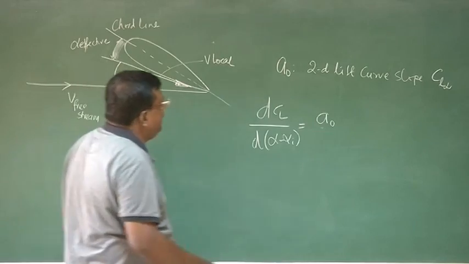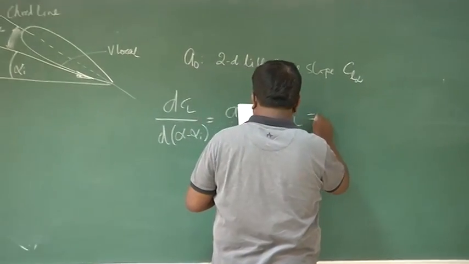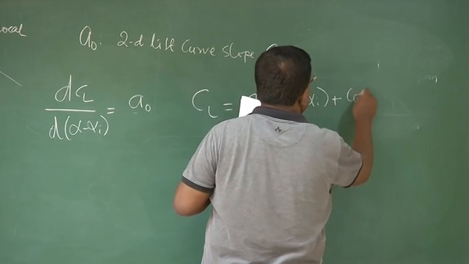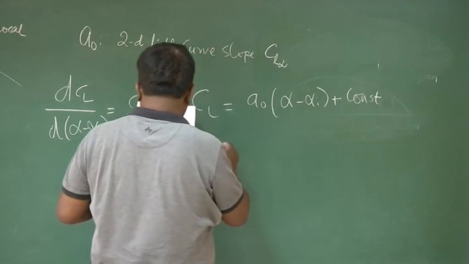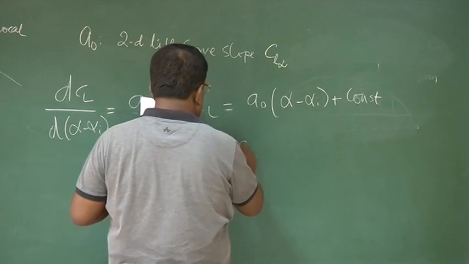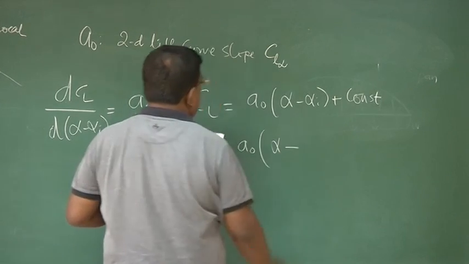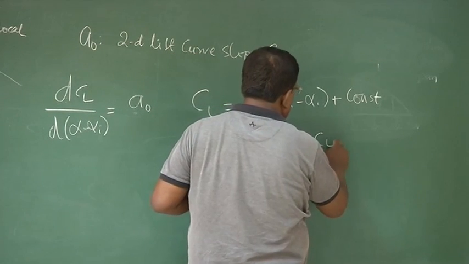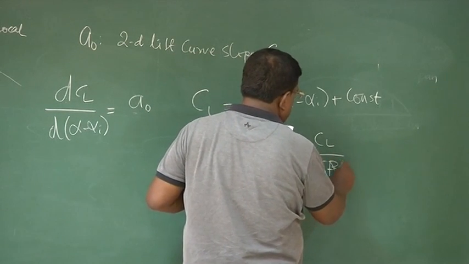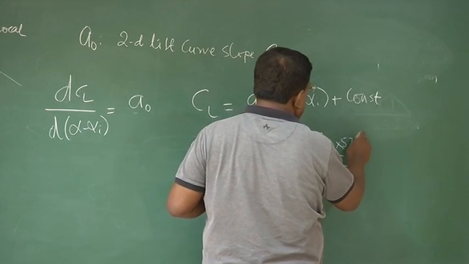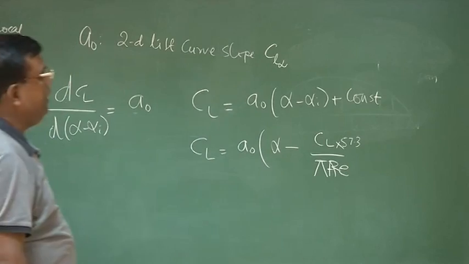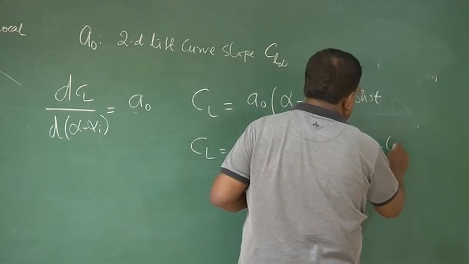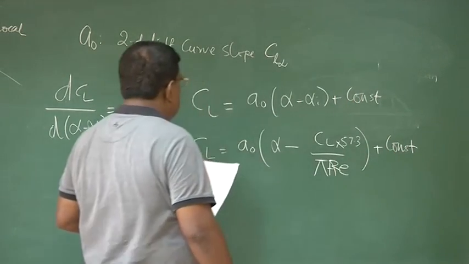If that is A naught, then I can write CL equal to A naught times alpha minus alpha I, plus a constant. Okay. So CL I can write as A naught times alpha, and for alpha I I put the expression which I have written earlier, which is CL by pi aspect ratio E, multiplied by 57.3 to convert this value from radian to degree, right? And then plus a constant.